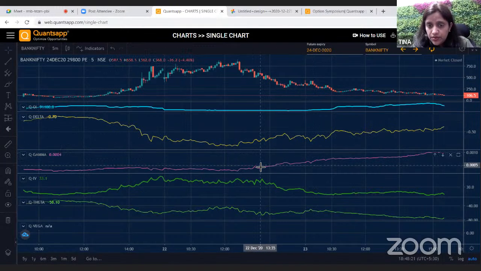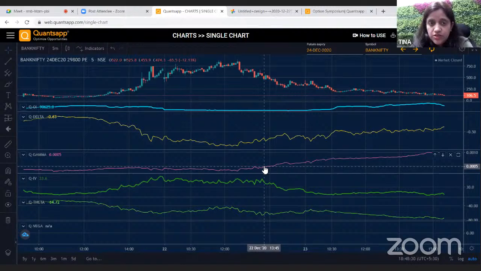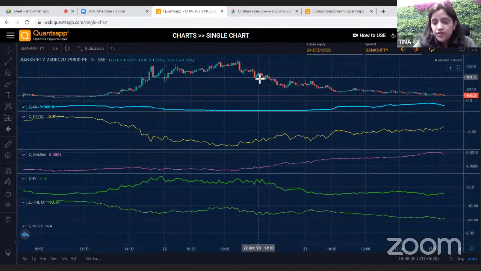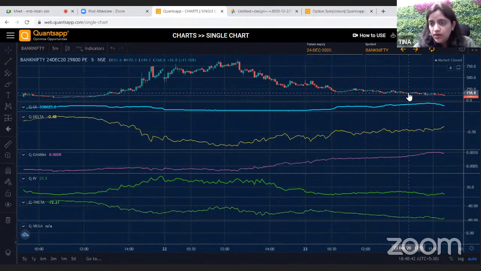Okay. So if you look here, the pink one is the gamma, it's like 0.004. You saw that nearly when the premium was 474, delta was minus 0.63 and the gamma was 0.005, it started giving a breakout and started inching higher. So we saw that the price saw a considerable fall, right?